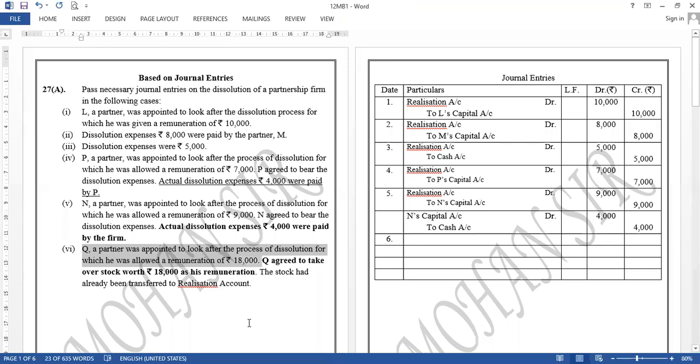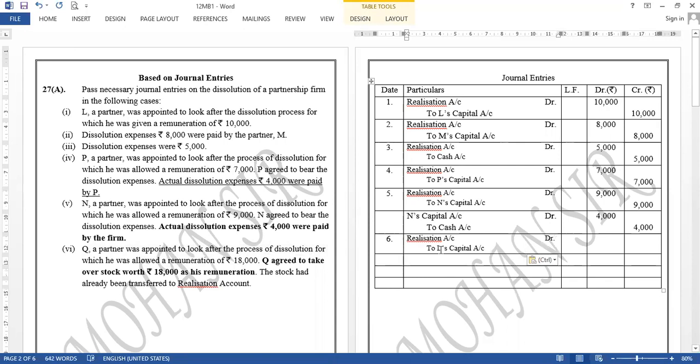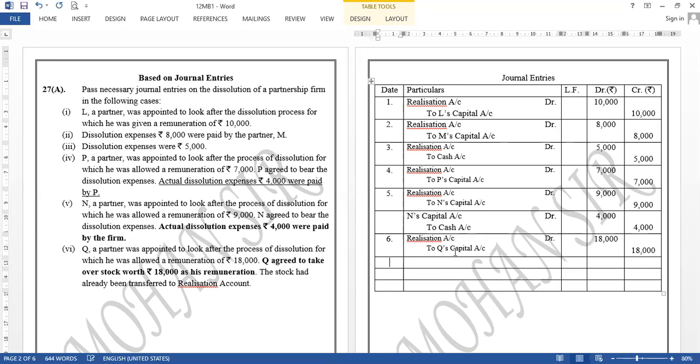No entry. No entry is one answer. Apart from that, if you want to write, तो पता है कि remuneration देना है Realization to Q's capital, right? Amount of rupees 18,000. Okay, and again Q's capital account debited, right?